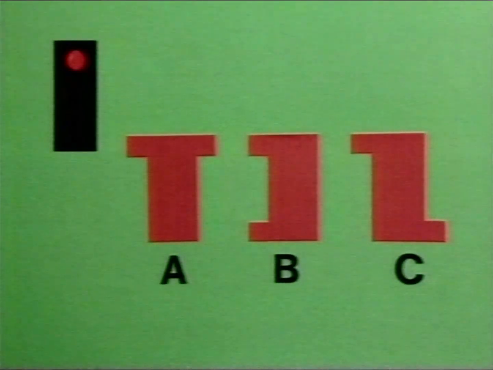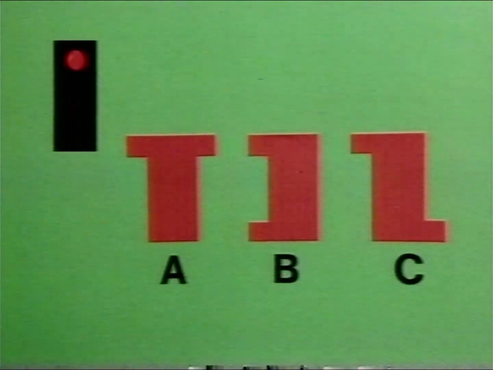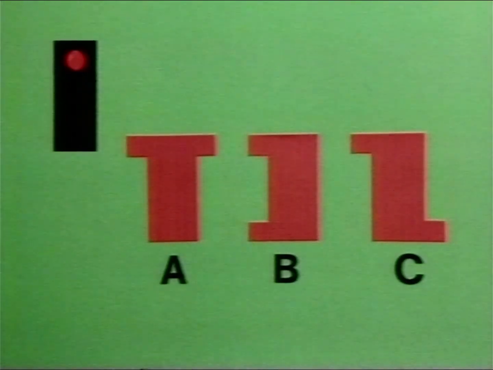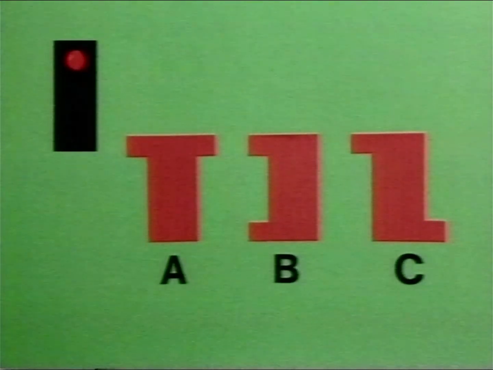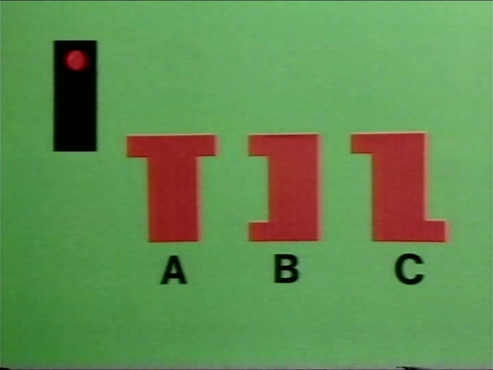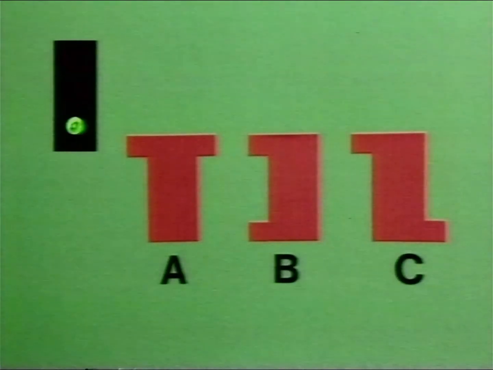Don't say anything until you see the green light. Here are 3 shapes labelled A, B and C. Only one of them has got half-turn symmetry. When you see the green light, call out its letter. Ready, go.